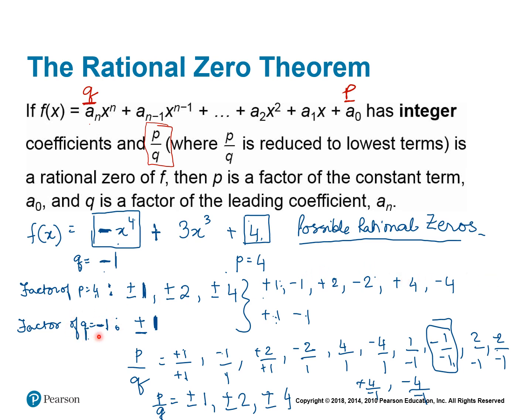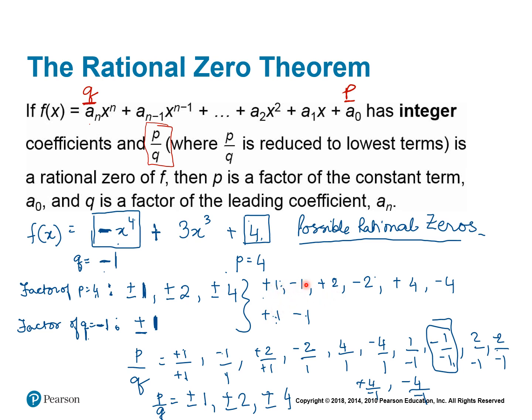For Q, you have to do the same thing. -1 was the value of Q, and the only factors of -1 would be plus 1 and minus 1. So I've written it out separately, plus 1 and minus 1. Now, the next step is to form ratios using P and Q, and it's always P divided by Q. So how do we go about it?